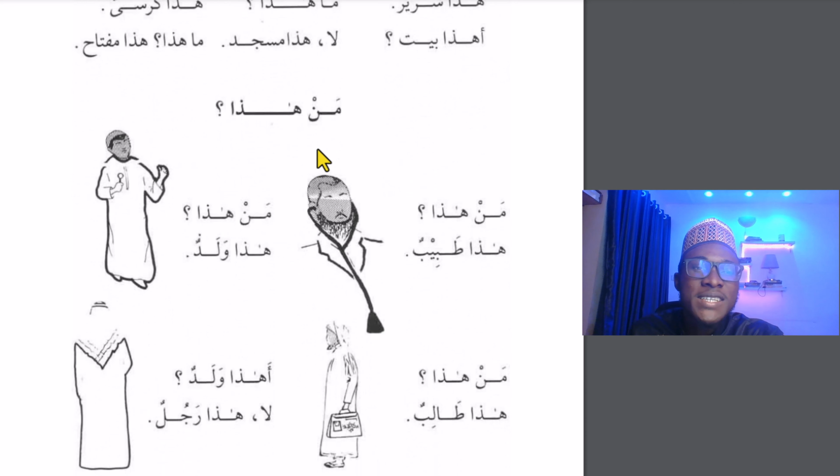Now, man hadha, you can see before we have ma hadha. Now we are saying man hadha. Man is used for a person, or something that can differentiate. If it is used for a living thing, you cannot use man for any animal except a human being.